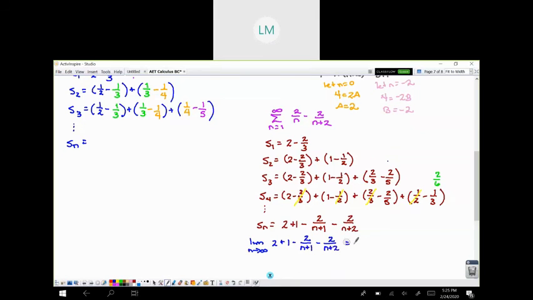Well, that goes to 3, which means, therefore, the sum of 4 over n squared plus 2n converges to 3 by the telescoping series test.